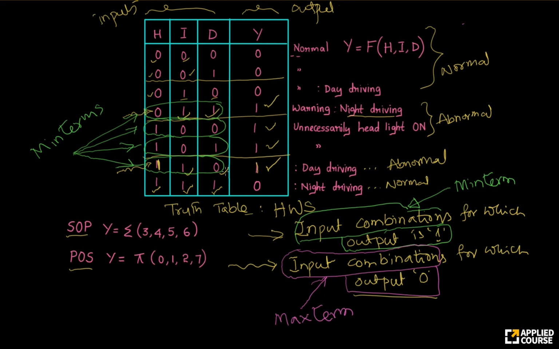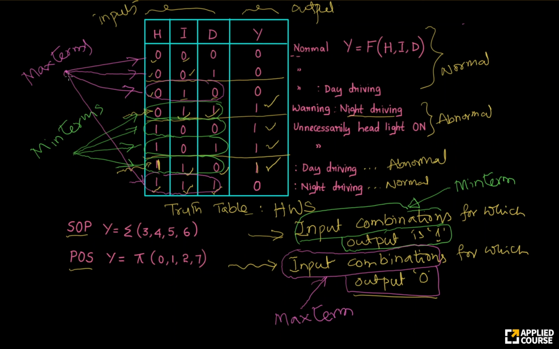The max terms are these. This is an input combination for which output is 0. This is another input combination for which output is 0, and another. There are basically 4 places where output is 0. We call them max terms.